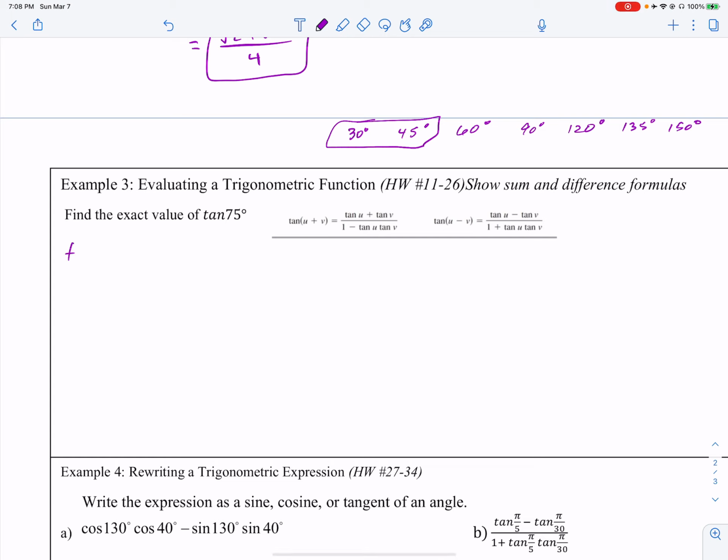So I'm going to rewrite tangent of 75 degrees as tangent of 30 degrees plus 45 degrees. And then I'm going to follow this pattern. Now on tangent, you have a fraction. And in the numerator, whatever this is, you are adding.